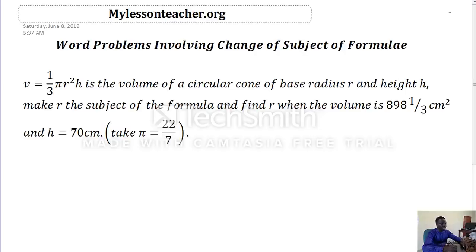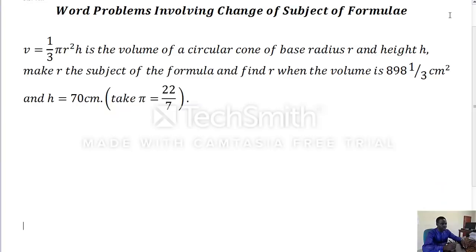We should make r the subject of the formula and find r when the volume is 898 1/3 centimeter cube, and h, the height, is equal to 70 centimeters. We should take pi to be 22/7.